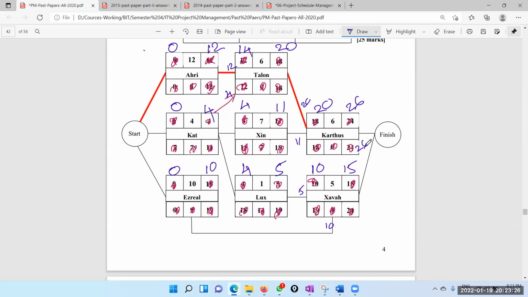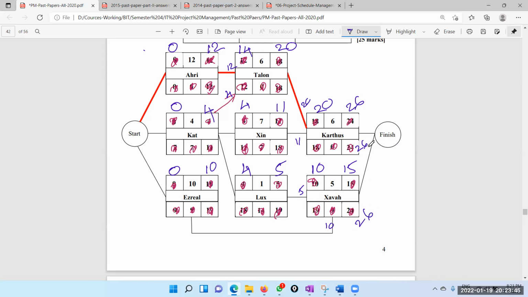So the late finish is 26, because anyway this task ends on the 26th day. So therefore we can delay this one also until the 26th day.